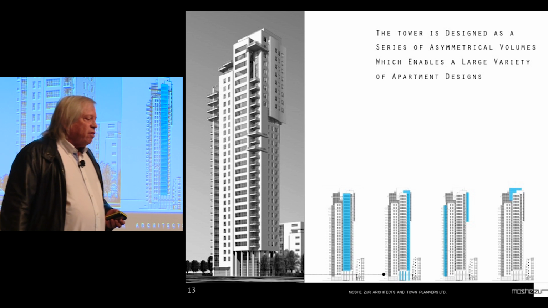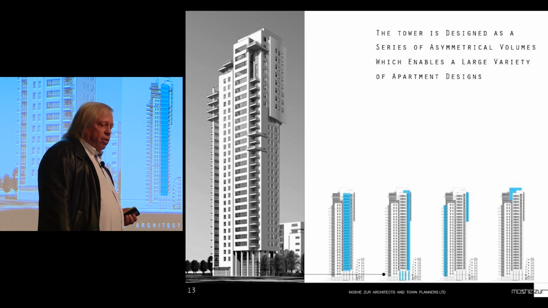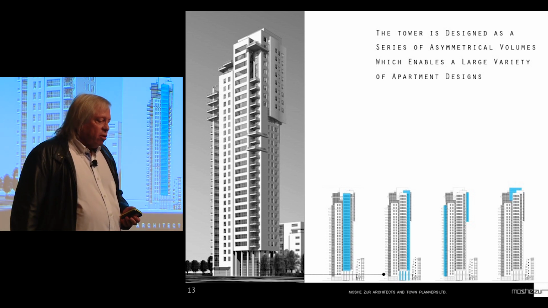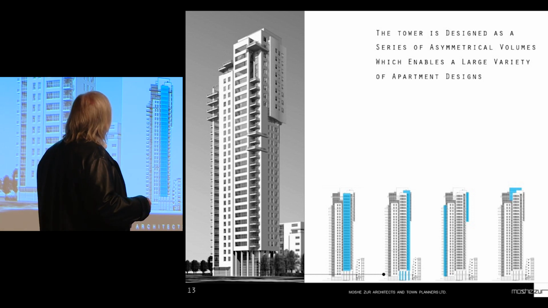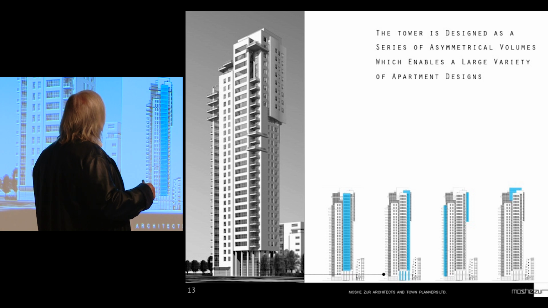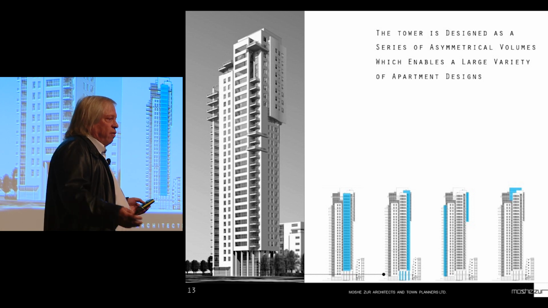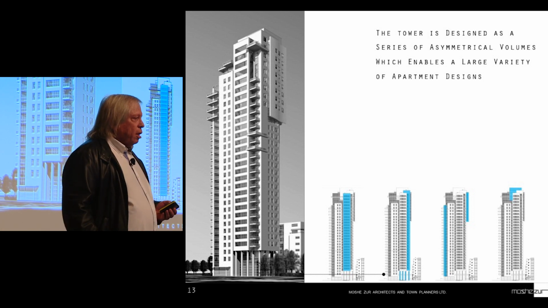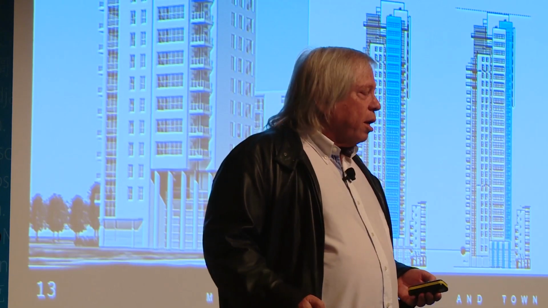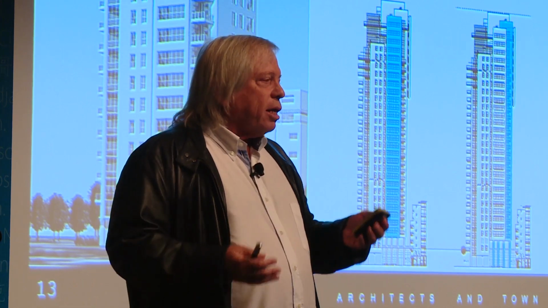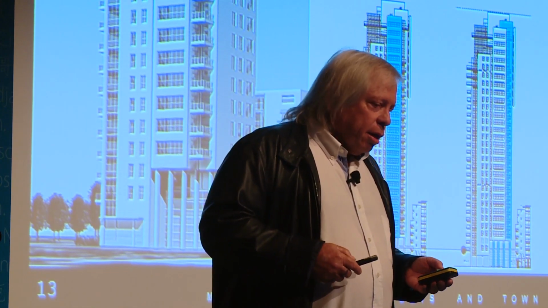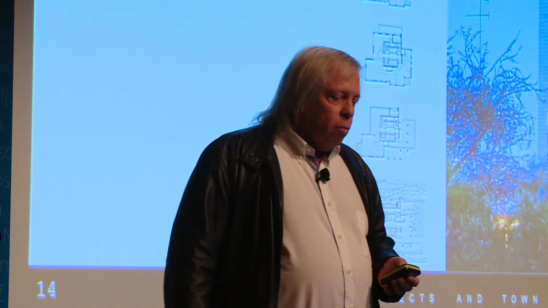The tower itself is designed as a composition of asymmetrical volumes, which give priority to a bigger floor plate at the higher part of the tower, because they enjoy the view more, and they sell for more dollars per square meter. But this was the basis for our architectural composition as a non-regular tall building.